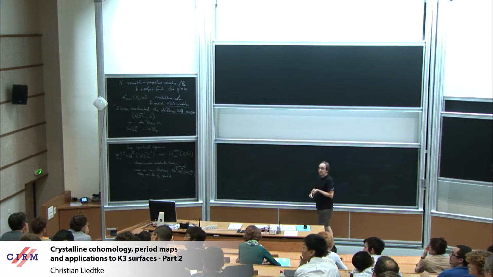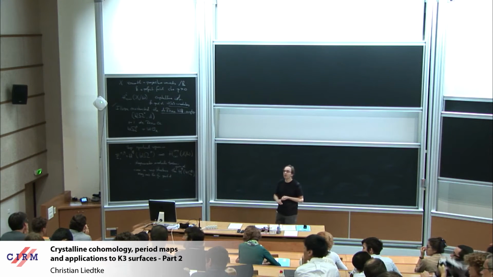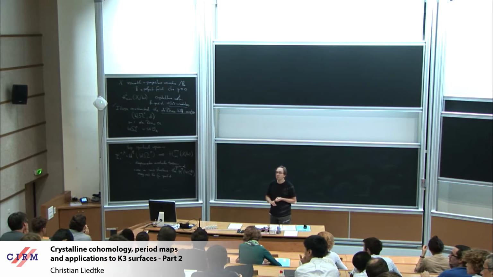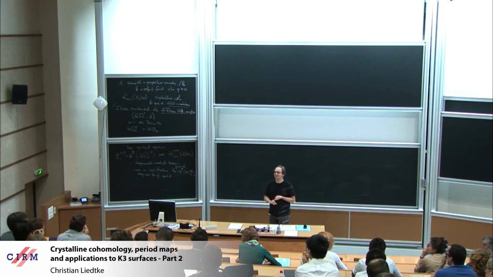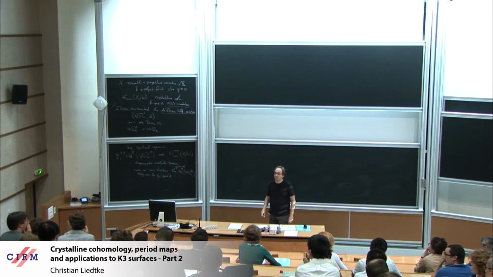Then, yeah? Just about torsion. Before you mentioned the fact that when you have a lift of your variety to characteristic zero, then the crystalline cohomology coincides with the de Rham. But I'm not saying that if you lift the variety to characteristic 0, that the H^i Omega^j coincide with what you get from the de Rham-Witt complex.